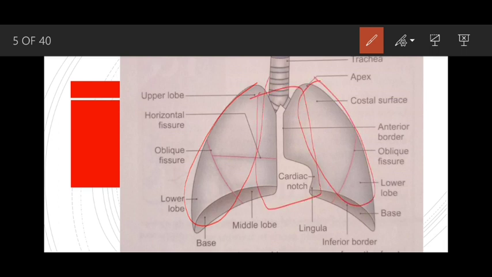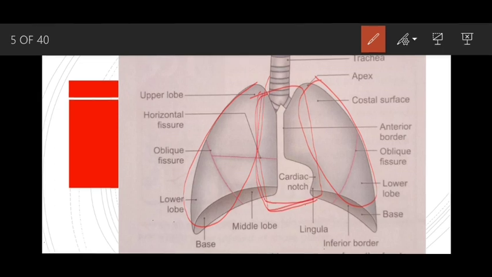The medial surface is divided into two parts. The part behind the sternum is known as the mediastinal part, and the part in front of the vertebra is known as the vertebral part.